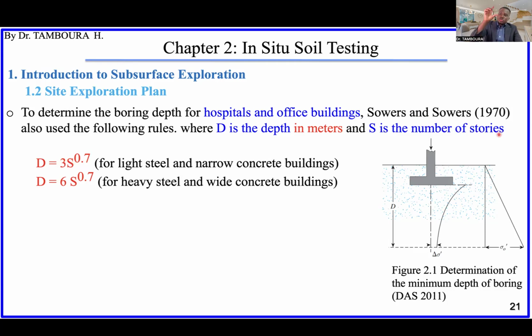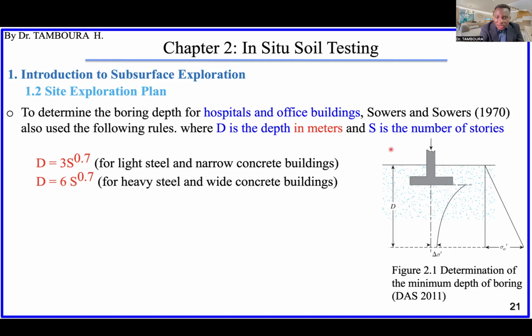S is the number of stories. Is it 1, 2, 3, 4, 5 stories? This other one is for heavy steel and wide concrete buildings. If you have a building with a dimension larger than 30 meters, you can use this formula. Okay?